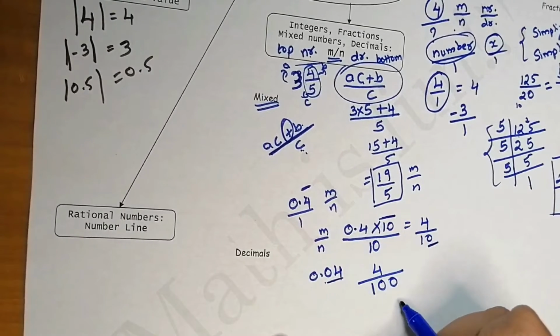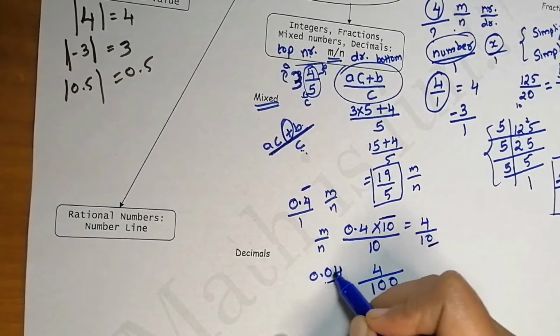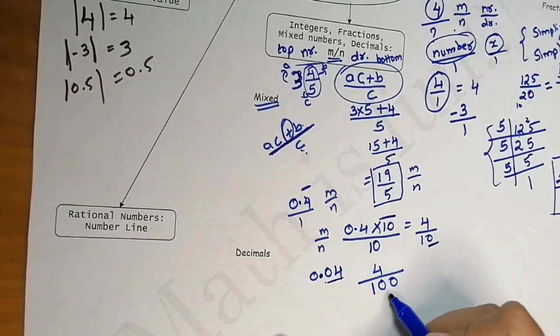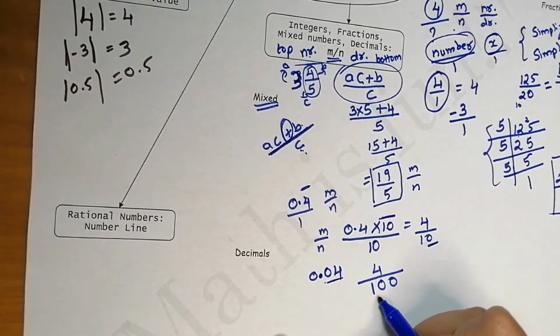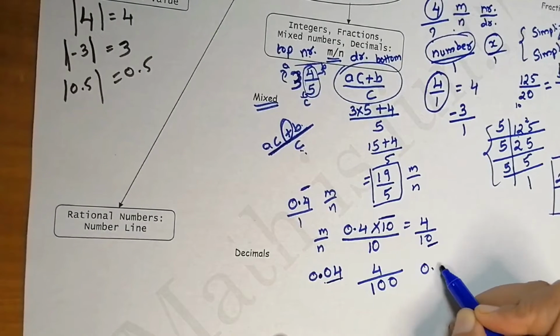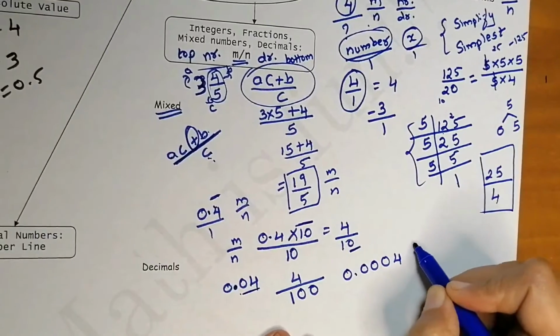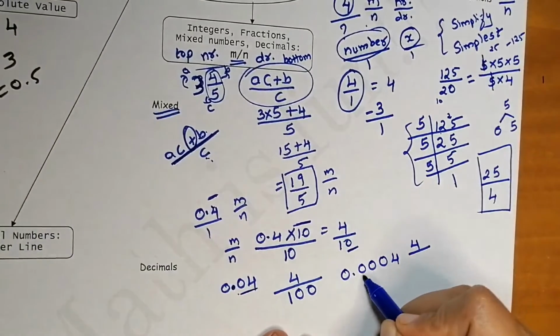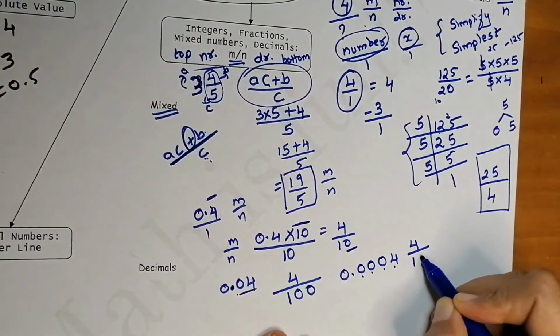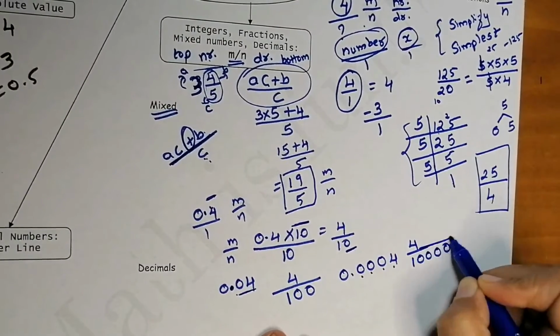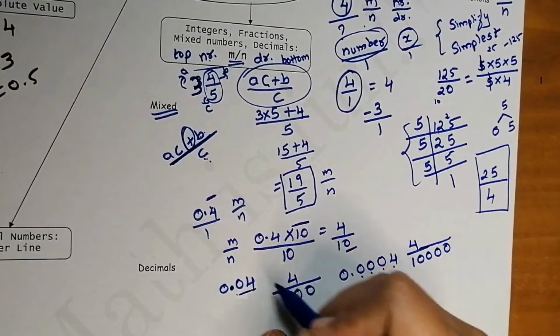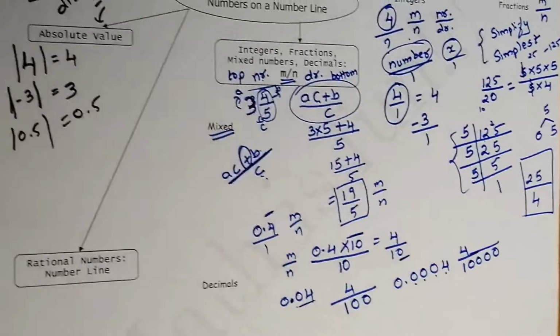I think this is the easiest way. You just count the number of digits after the decimal point and you put that many zeros after 1. So if it was 0.0004, this would be 4 over 1 0 0 0 0, 1 2 3 4. Simple. That's how you get m over n format here.